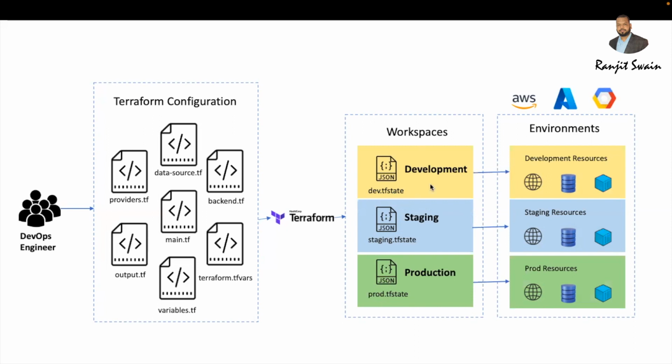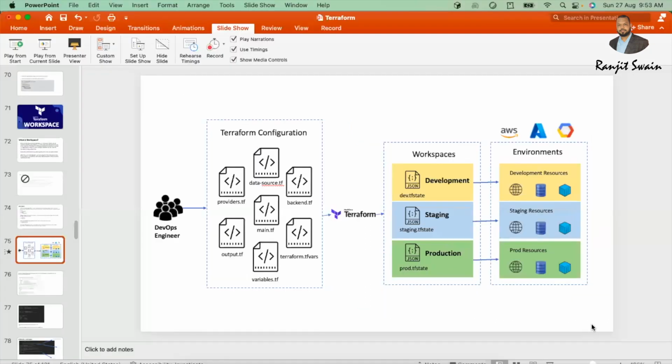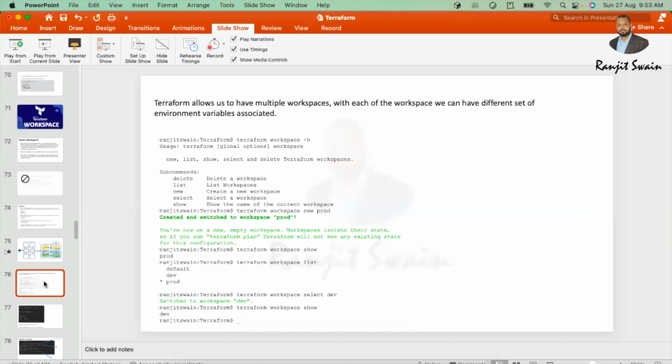Based on your workspace, it will create 3 different state files. So there will be no collision between the environments, between the infrastructure, right? You only have to write one Terraform configuration code, and that can work on multiple environments. That is the workspace, and you may need more details. Okay, let's go for the examples here.